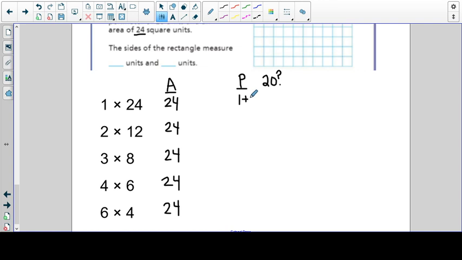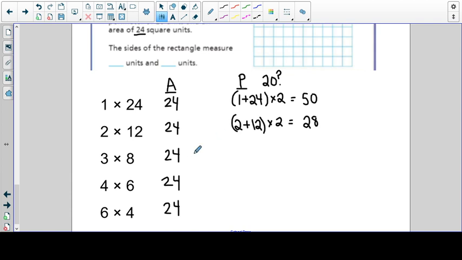So 1 plus 24, and then double it. 1 plus 24 is 25, double that, and we get 50. That is not the same as 20. Let's see what happens when we add 2 and 12, then double it. 14, double that, and we get 28.